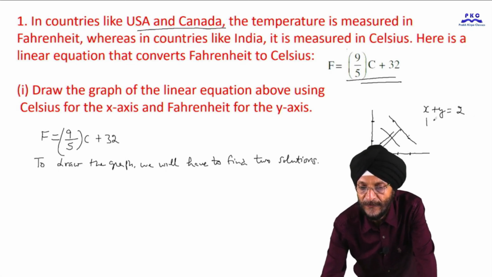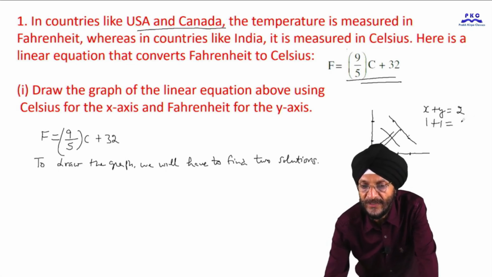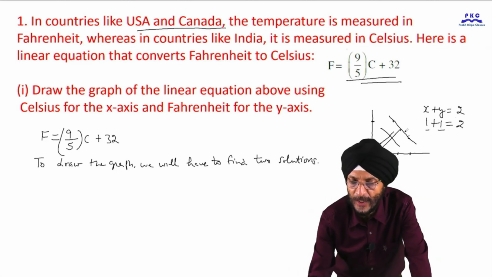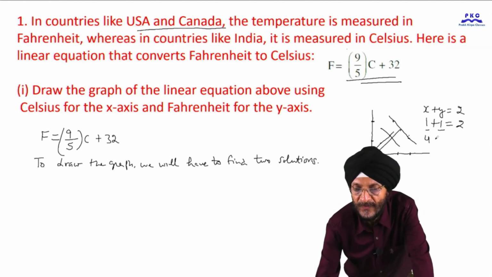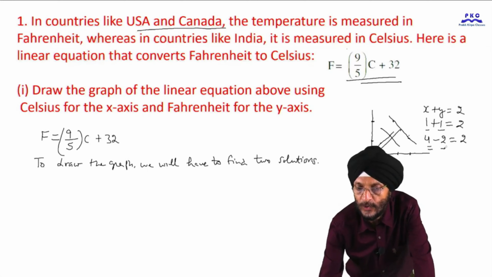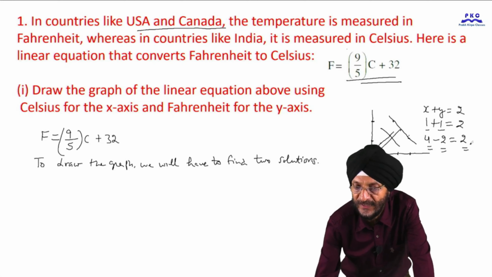Either x = 1 and y = 1, that is 1 plus 1 is equal to 2. It can also be possible that if we take the value of x as 4 and value of y as -2, this also satisfies this equation.